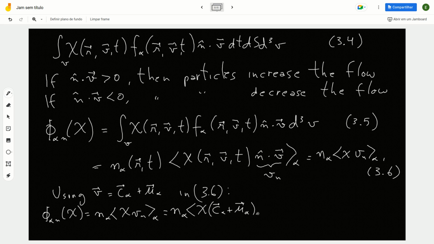Now this is the n component, the normal component of this quantity, and this is 3.7. Remembering that this is this, and this is this.